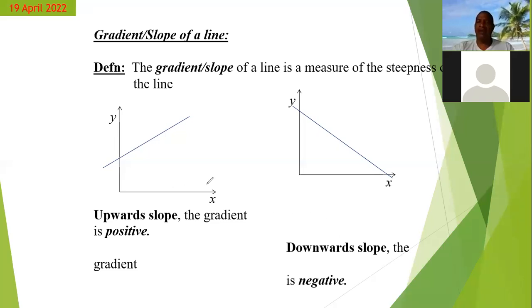So just by looking at the sign of your gradient value, you can tell whether it is sloping upwards or downwards, going from left to right. That's something to bear in mind when you're looking at the signs of your gradient, all right? All right, so moving on.